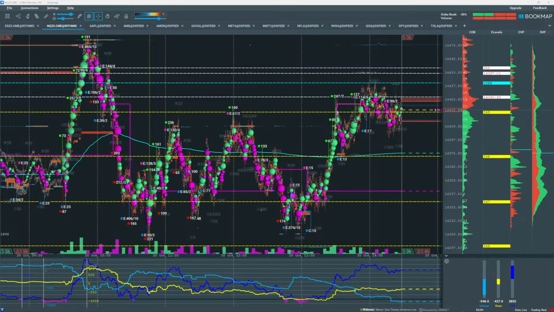So really expect more of the range until then, more of this type of price action, unless something else comes up, unless there's a significant move in treasuries and yields or in the geopolitical situation.